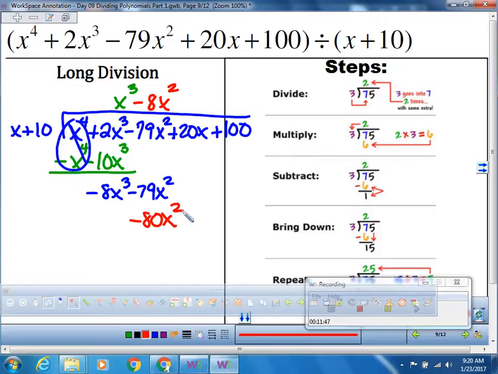Negative 8x squared times x is negative 8x cubed. Draw the line, change both of my signs. This one goes away. 80 minus 79 is positive x squared. Bring down the next one, which is 20x.